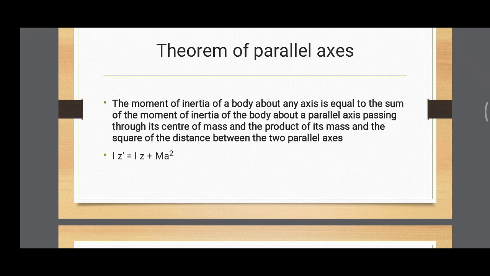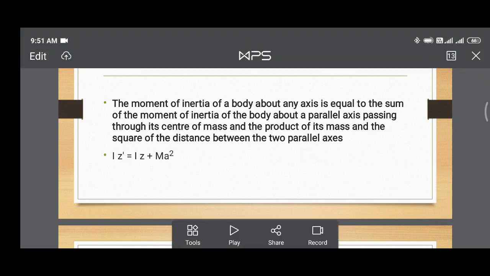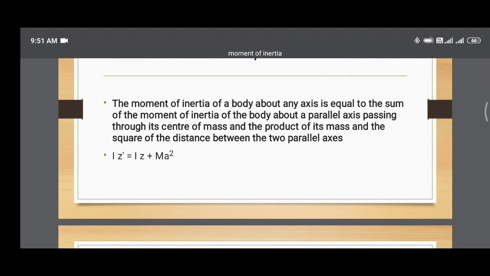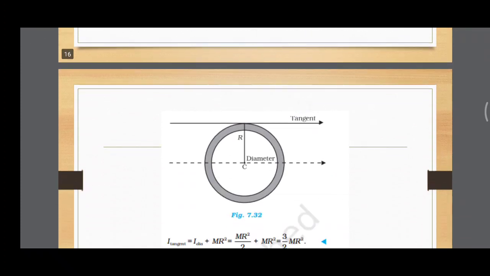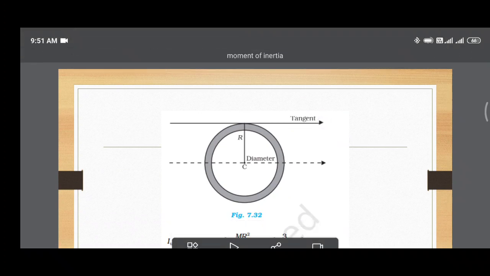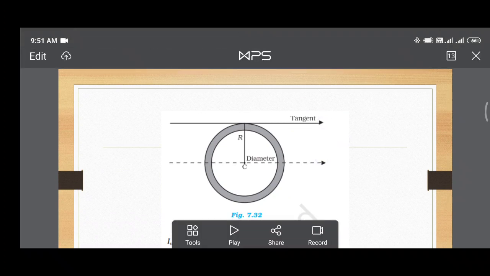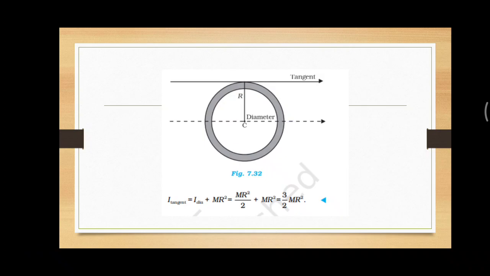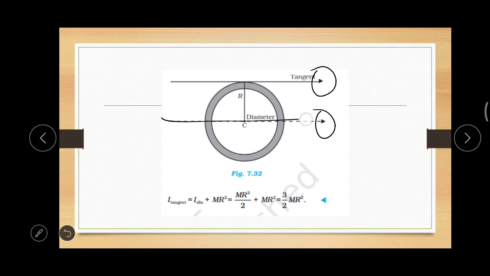So you have to find the moment of inertia of Z dash. This one is the Z dash. This one is the Z which is passing through the center of mass, that is C. Okay, so here you have to find Iz dash.